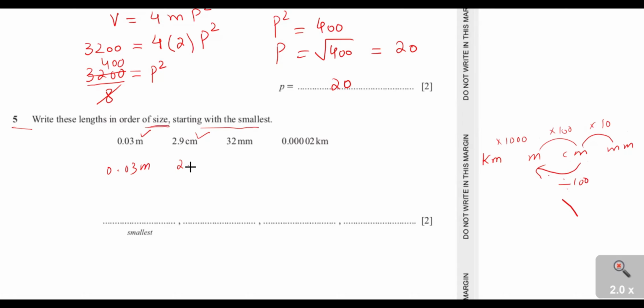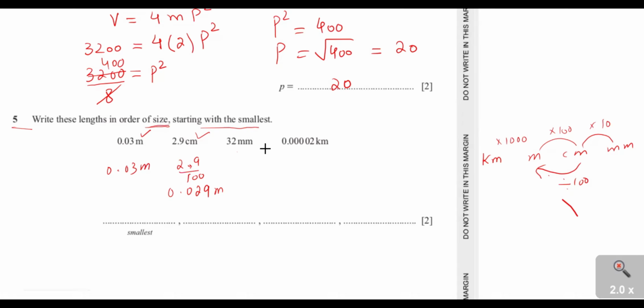Therefore, 2.9 divided by 100 is 0.029, because the decimal shifts from right to left by 2 digits according to the number of zeros. Therefore we write 0.029 meter.